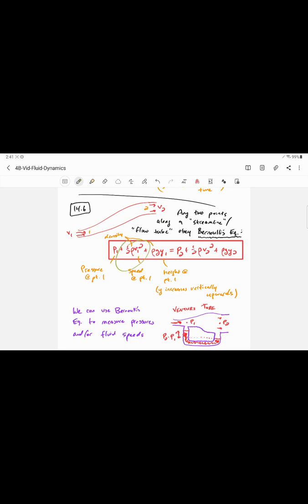For example, the kinetic energy term is 1/2 mv squared divided by a volume. This is energy density, energy per unit volume. This is potential energy per unit volume. And pressure is a sort of energy density as well. So Bernoulli's equation tracks fluid in a streamline. For any 2 points in the same streamline, you can relate physical quantities via this equation called Bernoulli's equation.